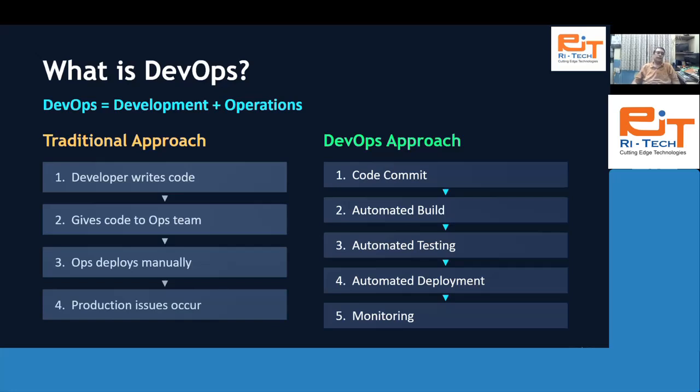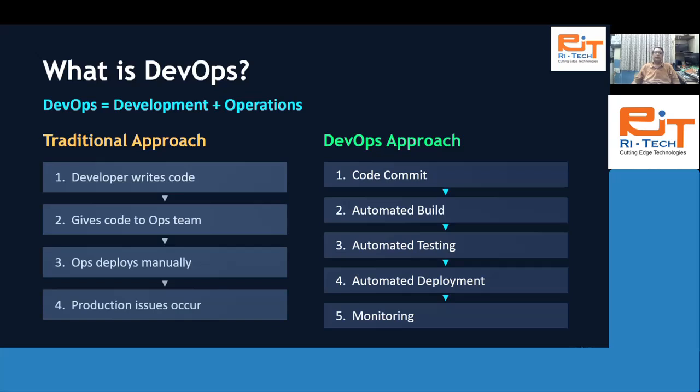So what happens in DevOps in short? When the developer finishes the code, they commit it. As soon as it is committed, it will automatically build. In DevOps, we can configure CI, so it will automatically build it, then automatically test it.